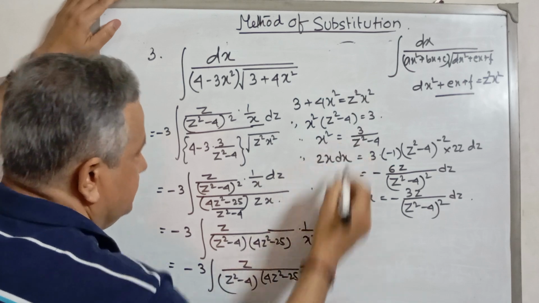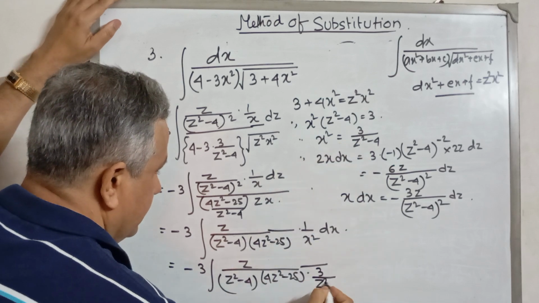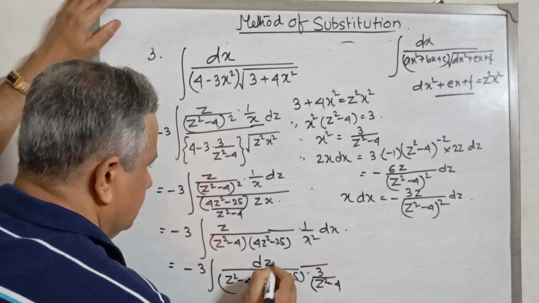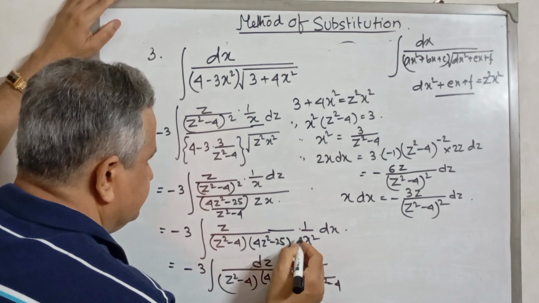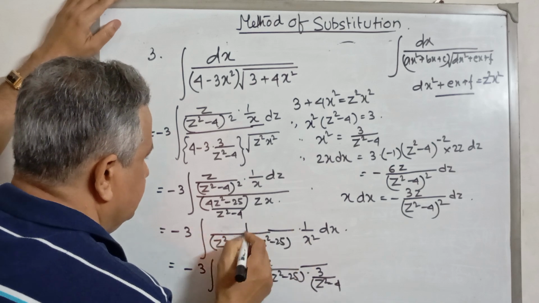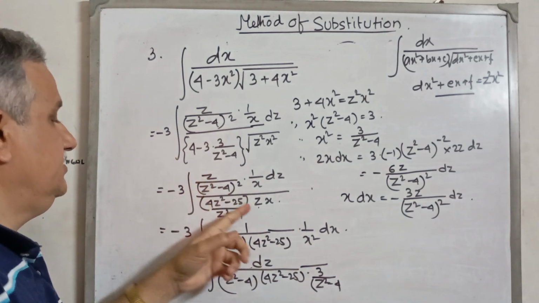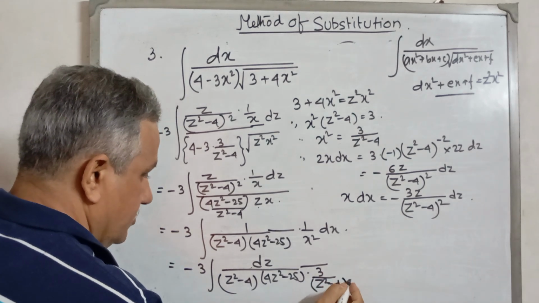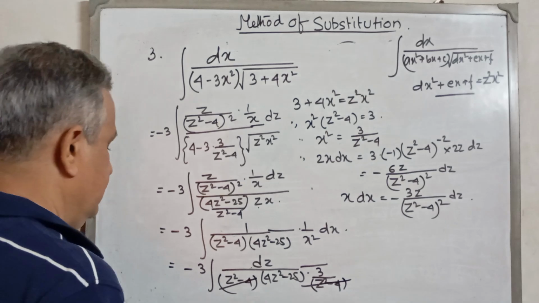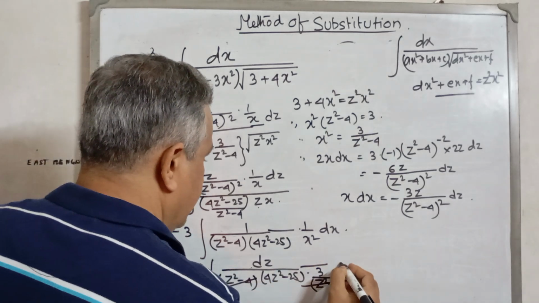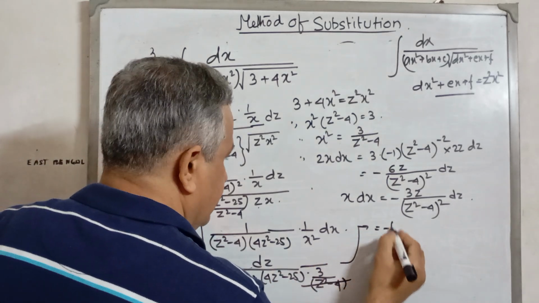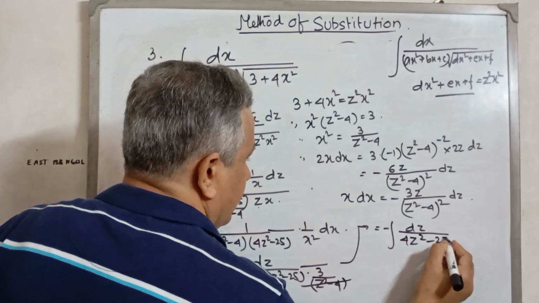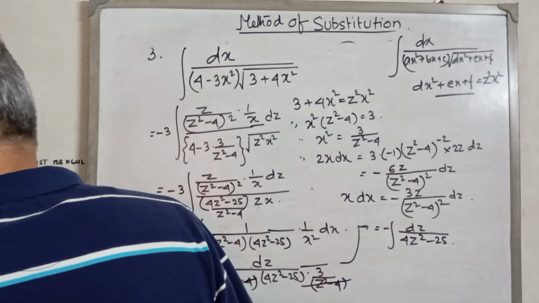So x square means 3 by z square minus 4. Sorry, dz. This z and this z are cancelled. So this is the form. Now cut it. 3 also cancels. It becomes just minus dz by 4z square minus 25. This is our last form.